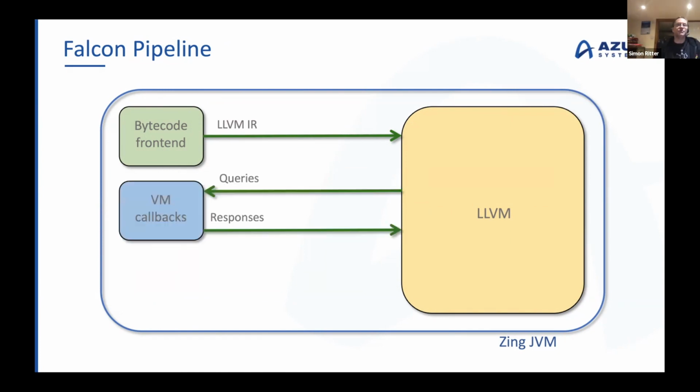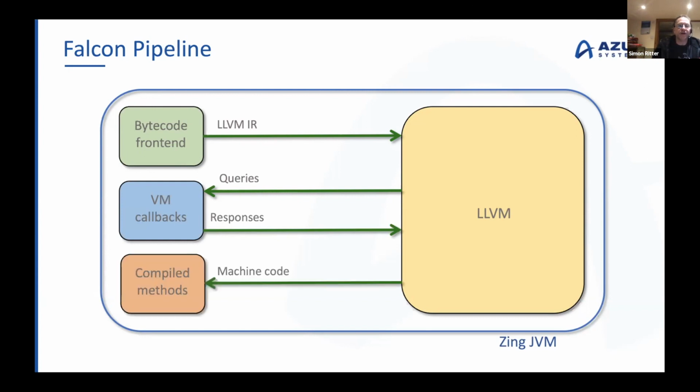And what it will do is it will send callbacks to the virtual machine with queries about how that method is being used. So it asks for information about the profiling data, and the VM will then give it responses saying, this is the information collected in the profiling information, so use that to optimize. LLVM will then take all that, generate the native code, and return that as a compiled method.